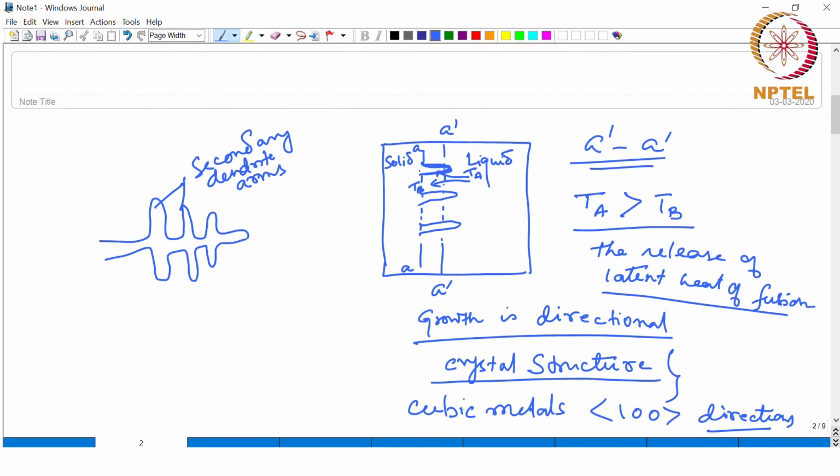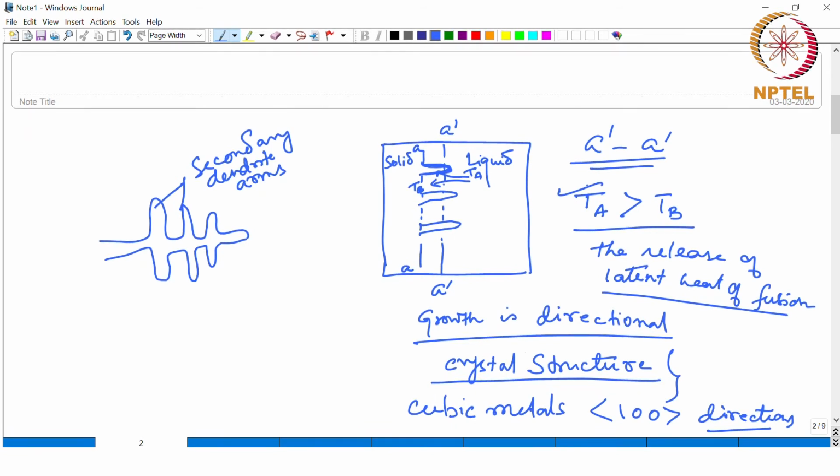And as a result of this heat being released on the walls, the temperature right next to the walls will be higher compared to the temperature of a location which is away from the cell walls. That means, this temperature T B, right. So, that is what I said, T B will be lower than T A.